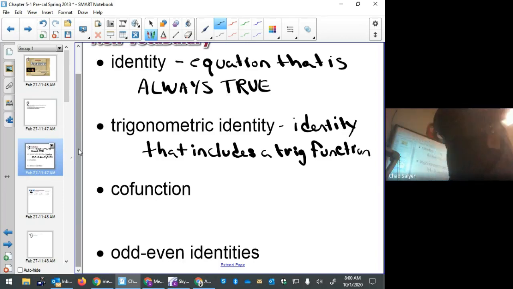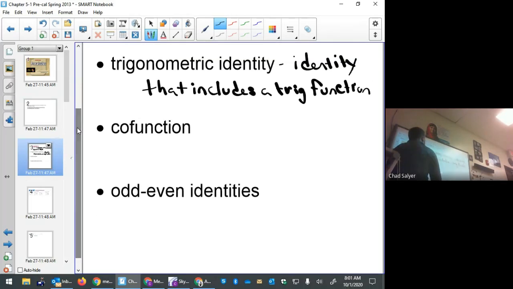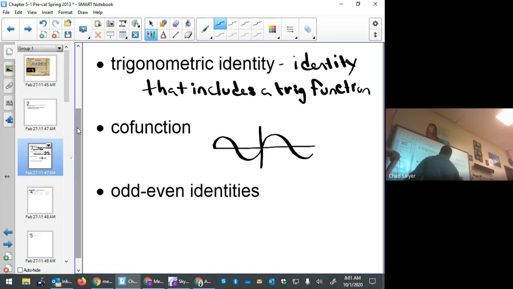There are families of trig identities, and they're based on various mathematical relationships. The first of those families we want to discuss here is the cofunction family. I don't know if, when I was graphing the sine and cosine, you made this connection. If I graph the sine, you remember it's kind of like this, and if I graph the cosine, it's kind of like this.